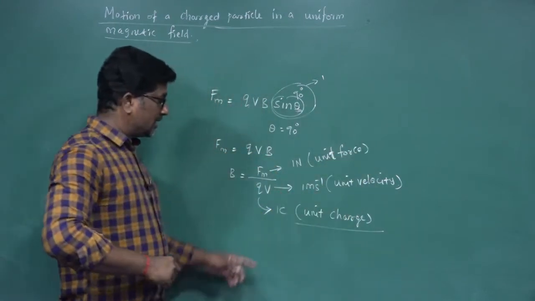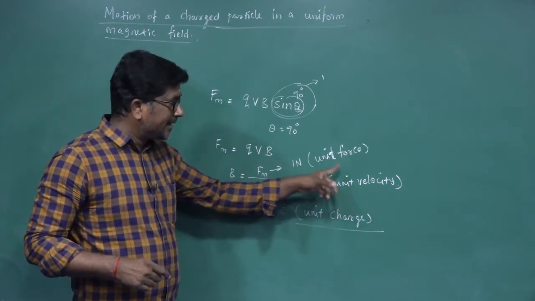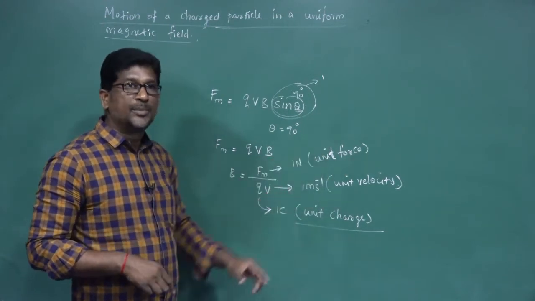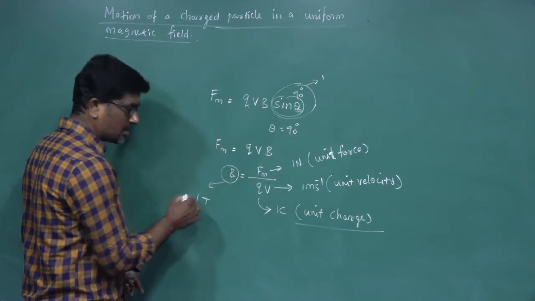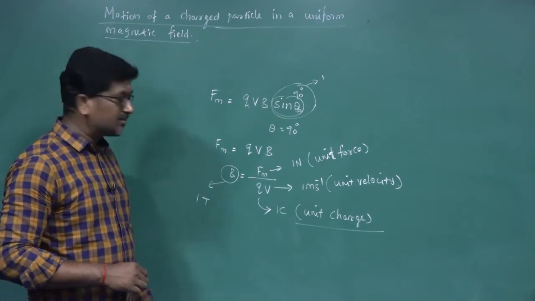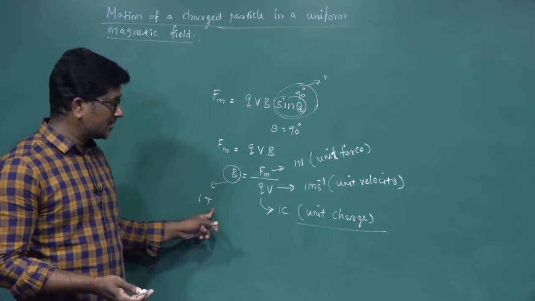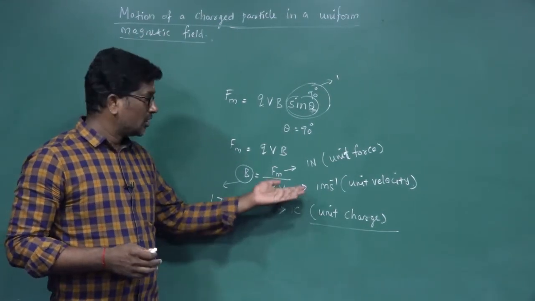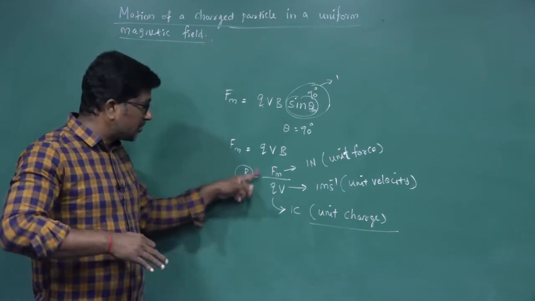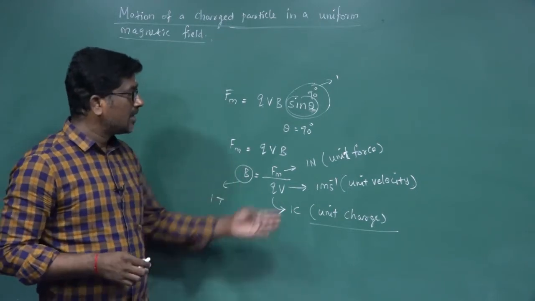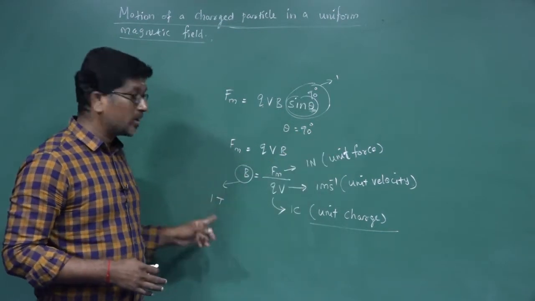If a unit charge moves with the unit velocity and experiences unit force, then the strength of the magnetic field becomes 1 Tesla. So 1 Tesla is defined as follows: if a unit charge is moving with a unit velocity perpendicular to the magnetic field and experiences unit force, the field strength is known as 1 Tesla.